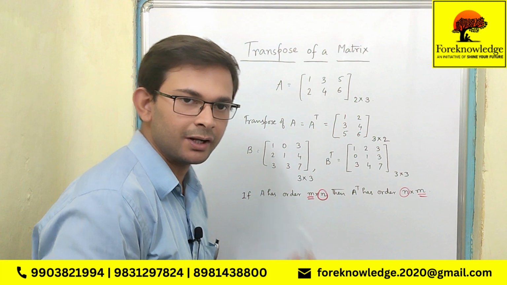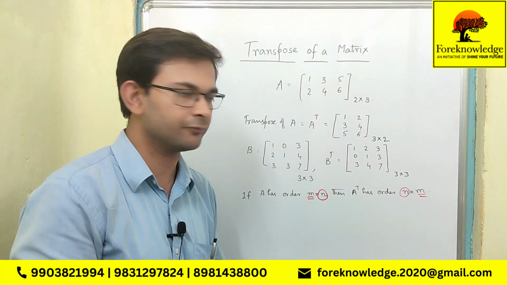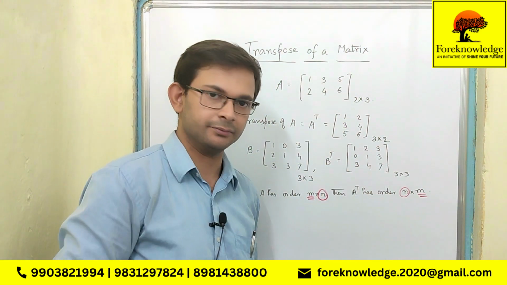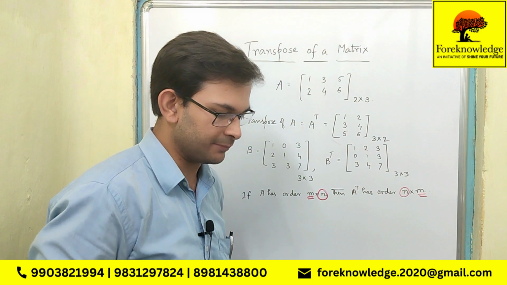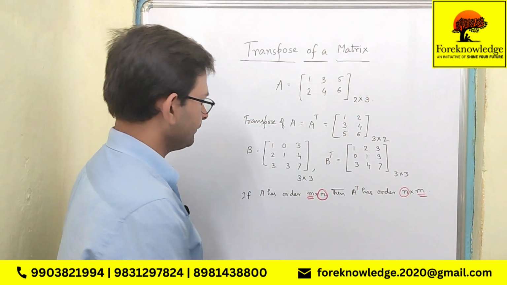If it is a square matrix, the number of rows equals the number of columns, so we won't find any change in the order. I hope this is clear. Let me erase this.